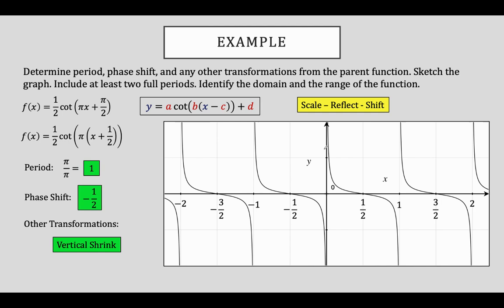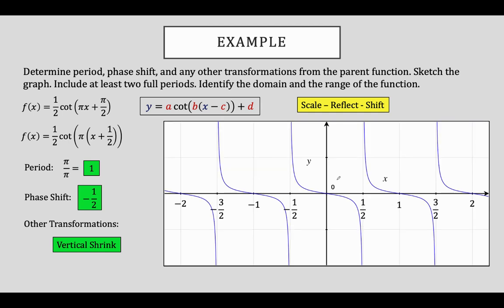So notice this vertical asymptote that was at x equals 0, that's going to move to x equals -1/2. This x-intercept that was at x equals 1/2, that's going to move to x equals 0. Every single one of these points is going to shift to the left 1/2 unit. All right, and there we have our final graph. Notice we can fill in our vertical asymptotes as we see here.